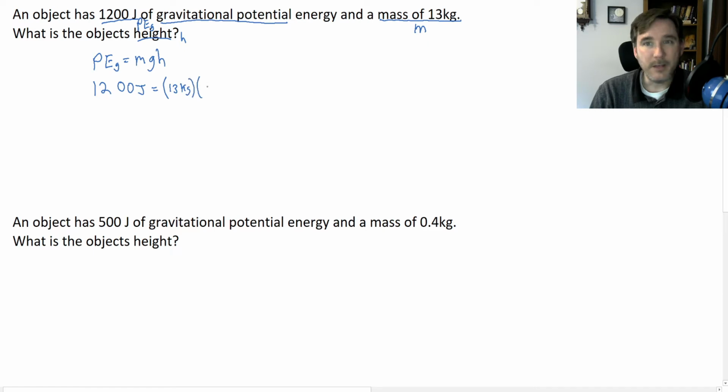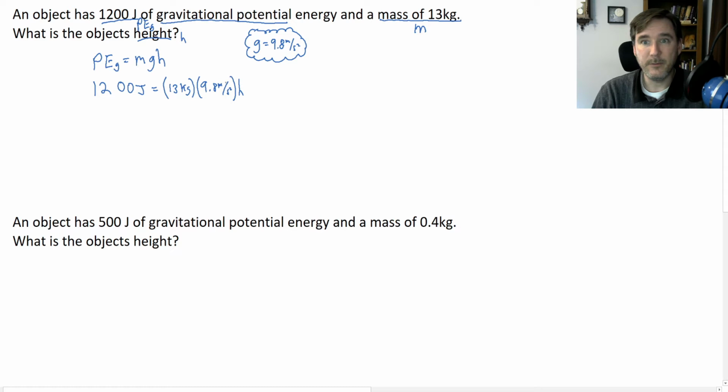We know that gravity, G, is always a given, so I'm just going to write this here. Gravity is 9.8 meters per second squared, and that is always the case on Earth. So that is going to be right here, 9.8 meters per second squared, and we just don't know the height.